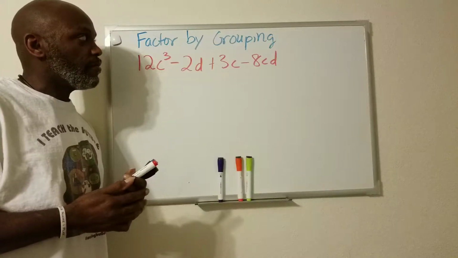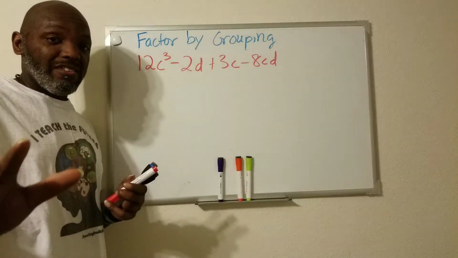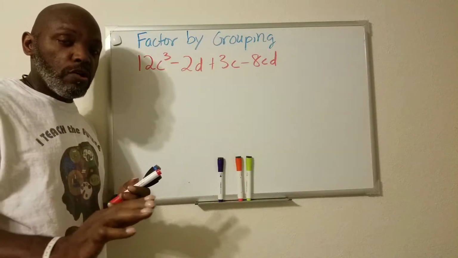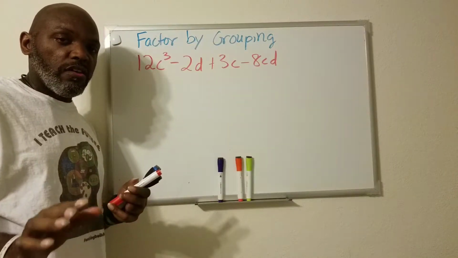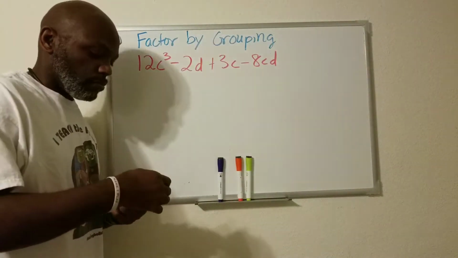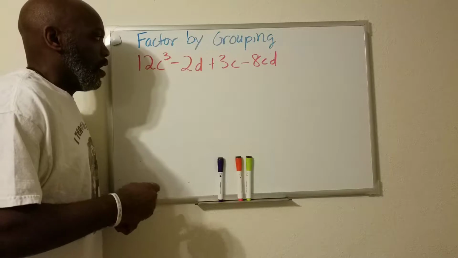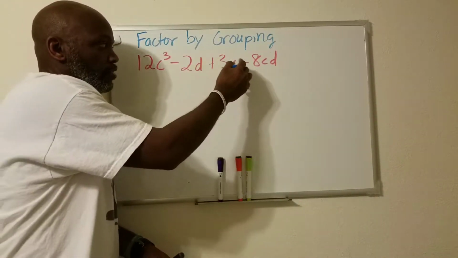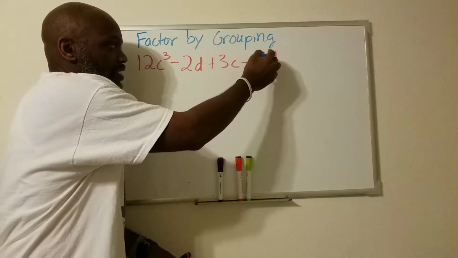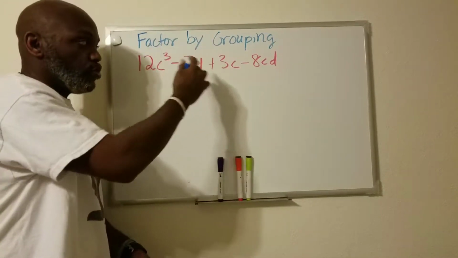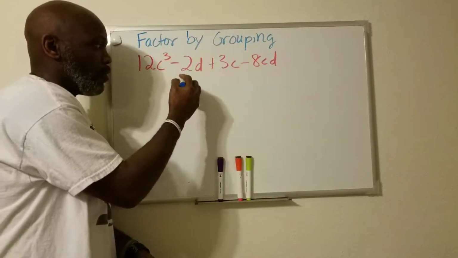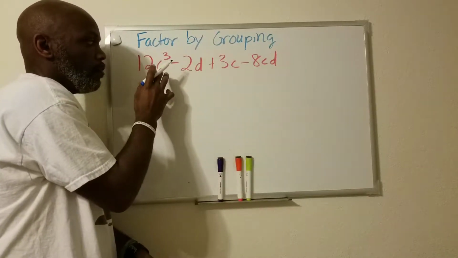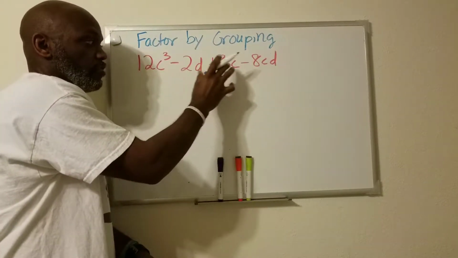Remember that we're going to factor by grouping still. There's just a little small concept that's different than the previous ones. As you can see, it is 12c to the third minus 2d plus 3c minus 8cd. We're going to rewrite this because of the commutative property, putting information that's close together that is the same.